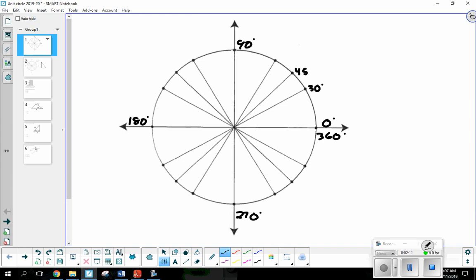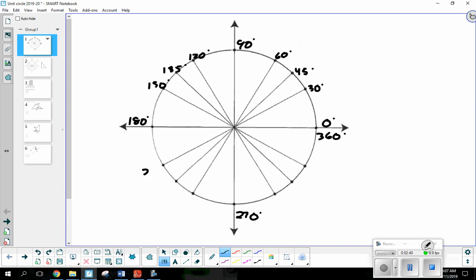45, plus 15, 60. Now to get to the axis, I'm going to add 30. So there's my 90. Now to get to this next point, I'm going to add another 30, which would be 120. Okay. Then plus 15, 135. And then plus 15, 150. And then plus 30 gets me to the negative x-axis where I have 180. Okay. And then we just continue this all the way around. What would this next one here be?